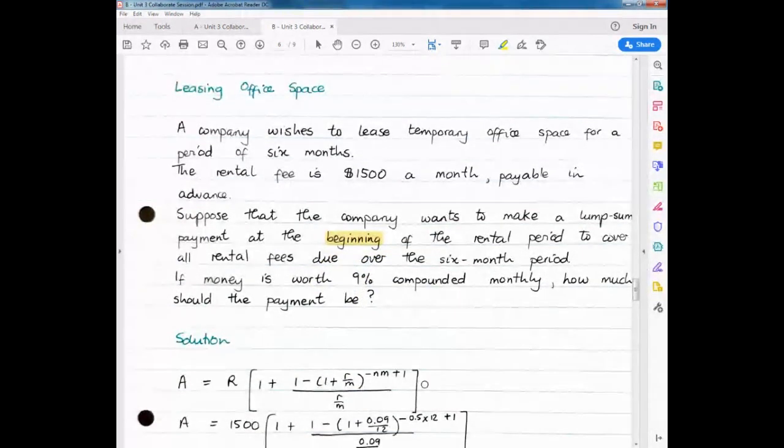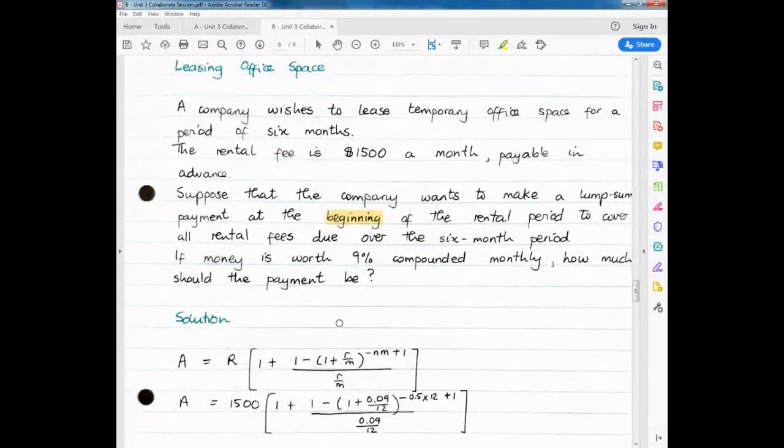And be careful now, because the payment is 1,500. That's simple. The interest rate is 9% when you compound monthly. That's simple. When you come to this part, N is the number of years. Remember that always. N is the number of years, and M is the number of times you compound a year.